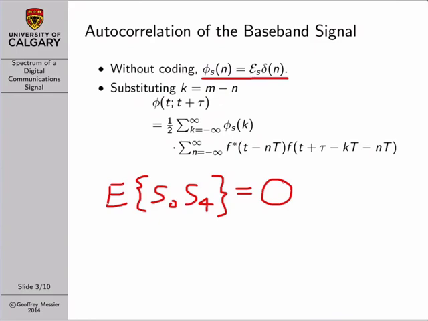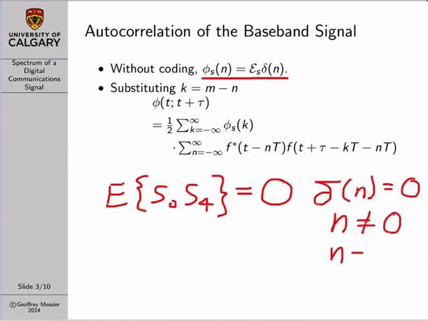And so a discrete delta function of n is always equal to 0 for n not equal to 0. And if n is equal to 0, then the delta function is equal to 1.